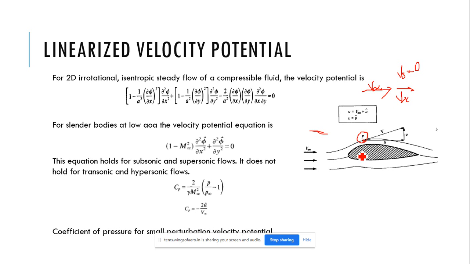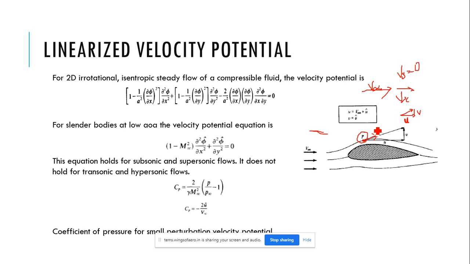But when the flow is split over the airfoil, the velocity will be inclined, so it may have two types of velocities. The component will be split into two halves. One is vx and another one is vy, or we can say this is u and here it is v.